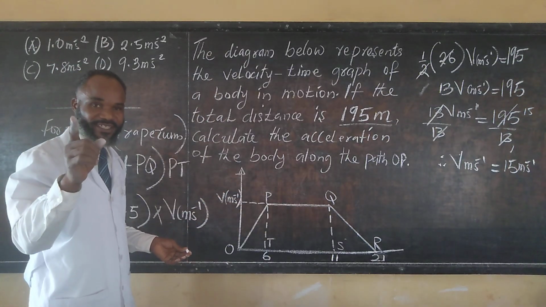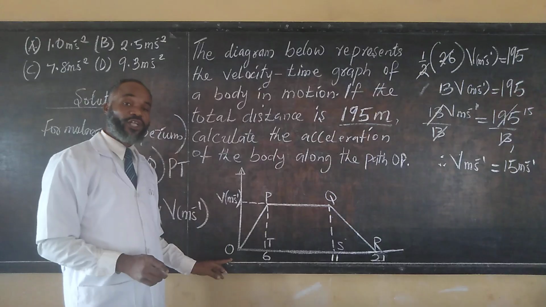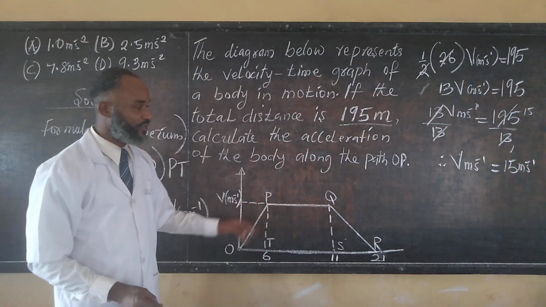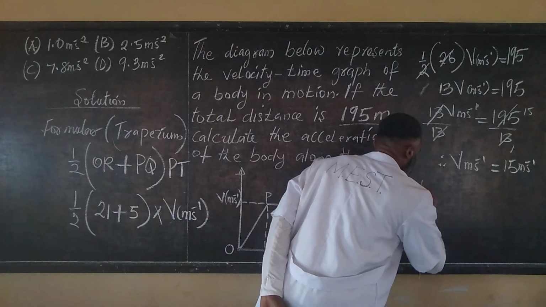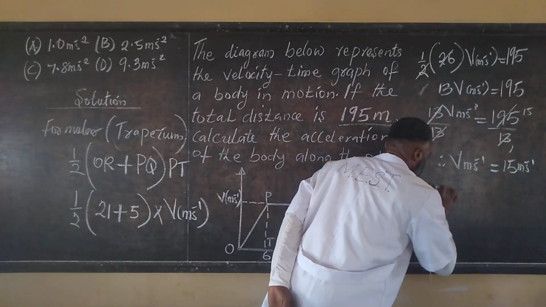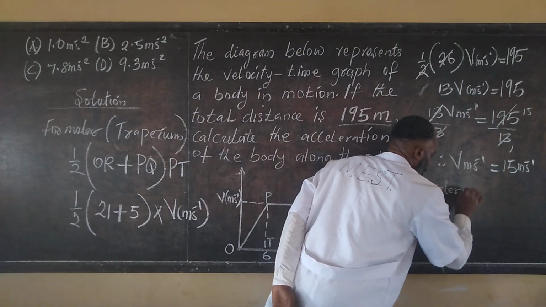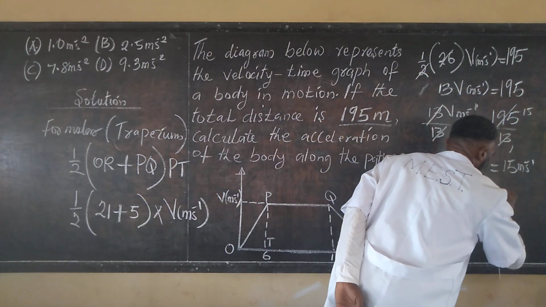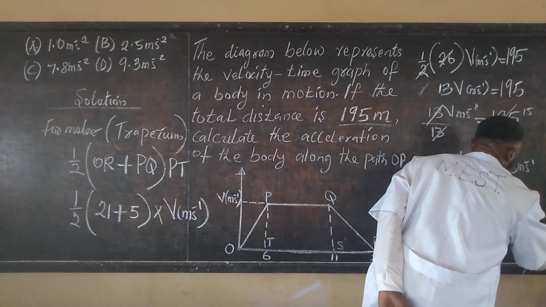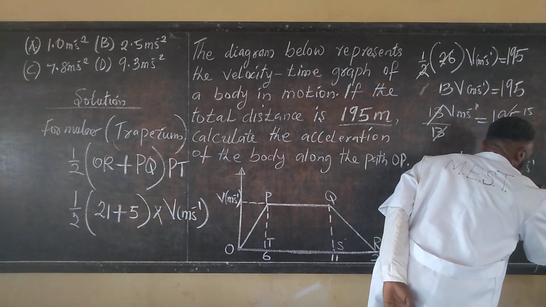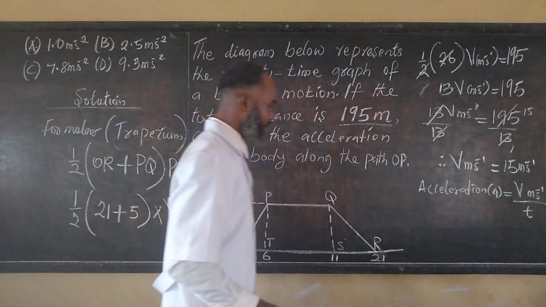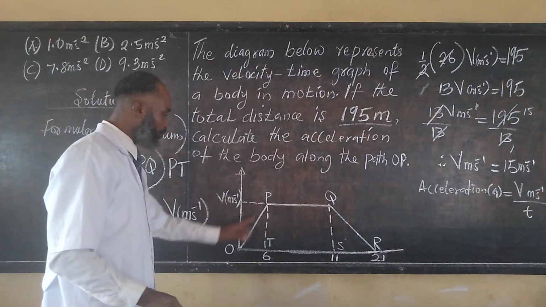We can now find the acceleration along the path OP. Acceleration A is now V, which has been found, over the time taken along that path OP.